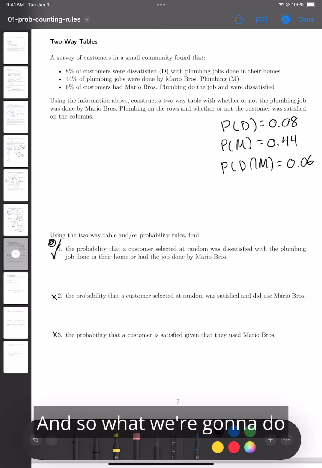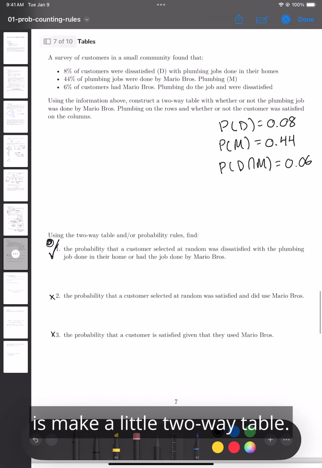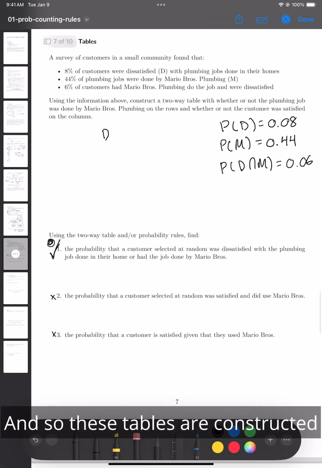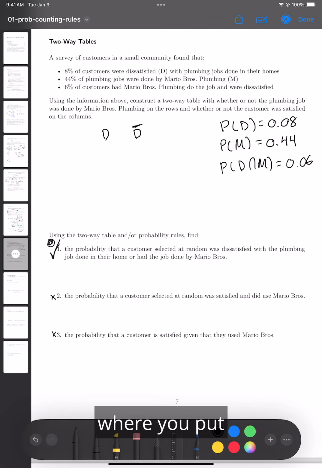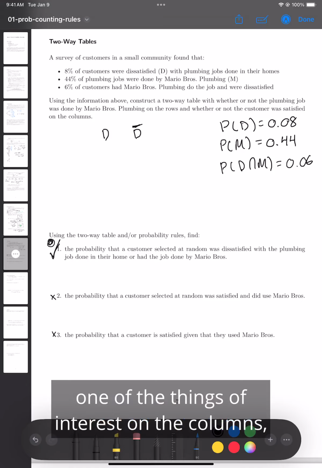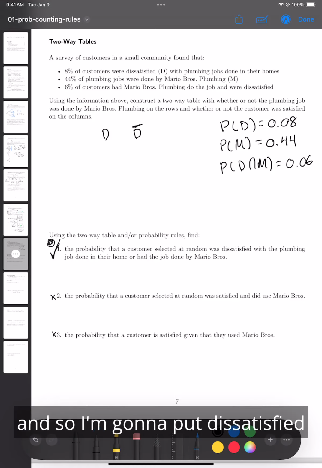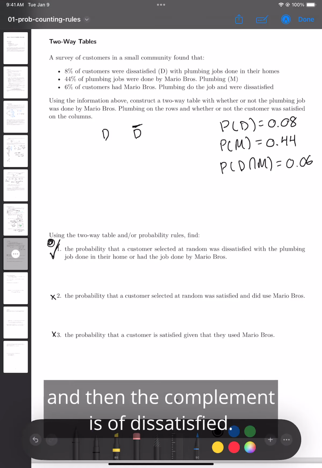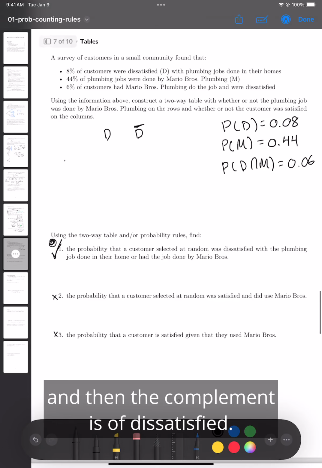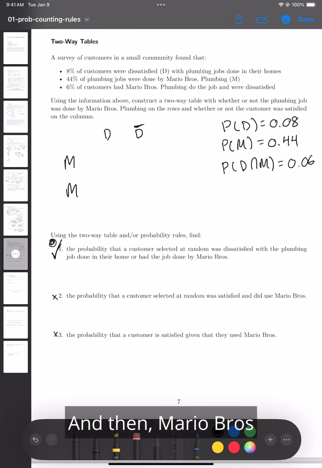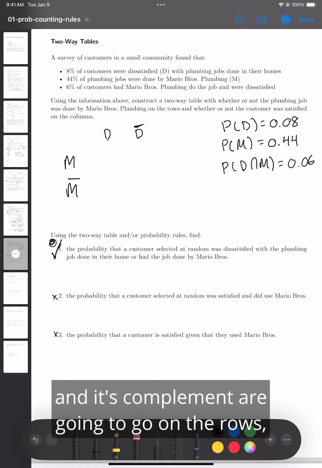And so what we're going to do is make a little two-way table. These tables are constructed where you put one of the things of interest on the columns. So I'm going to put dissatisfied, and then the complement of dissatisfied. And then Mario Bros. and its complement are going to go on the rows.